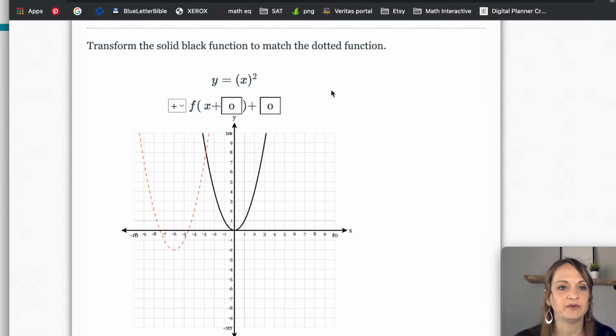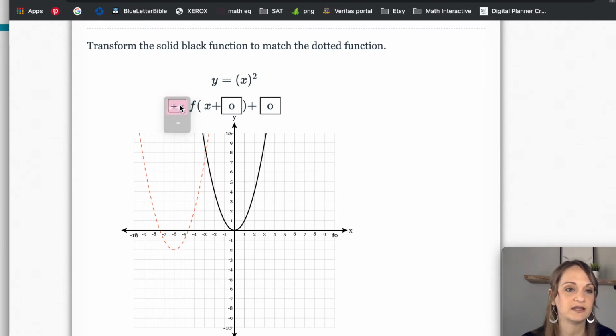So for example, let's say they have a function. In this case, it's an x squared. And they have transformed this function from its parent function, which is what you start with at 0, 0. And they're moving it left and down. Now, first, did they reflect it across the x-axis? So like, is it going down?